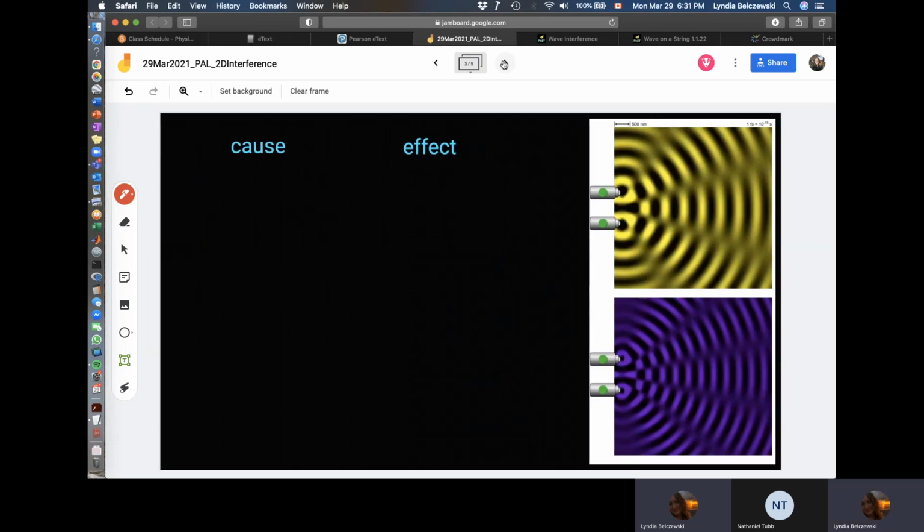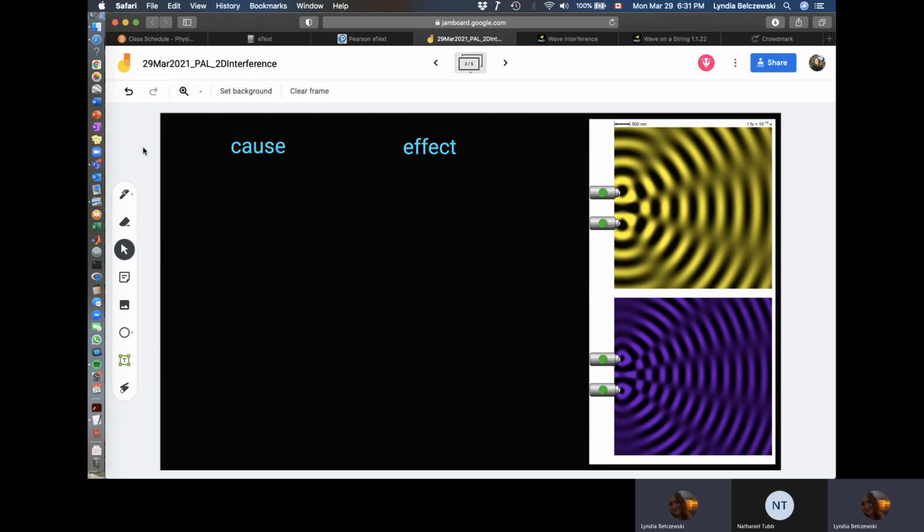So for this slide, I took screenshots of the light interference, which you can treat similarly to the water and to the sound as far as the interference pattern goes. I have two pictures. They're both light interfering, but I made some changes. In the simulation, I took a screenshot with one set of settings, then changed the settings a little bit and took another picture.